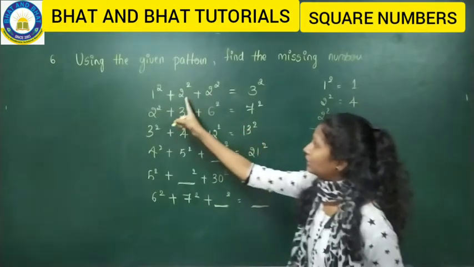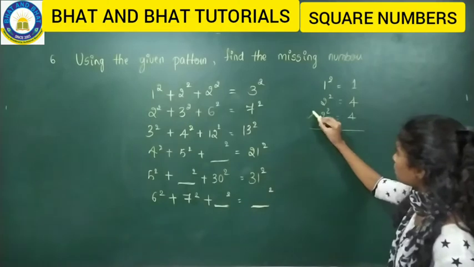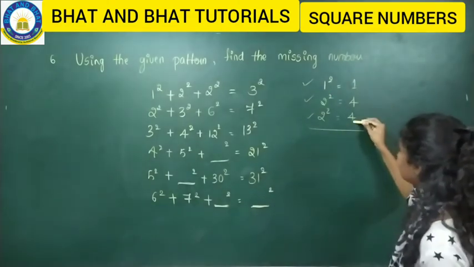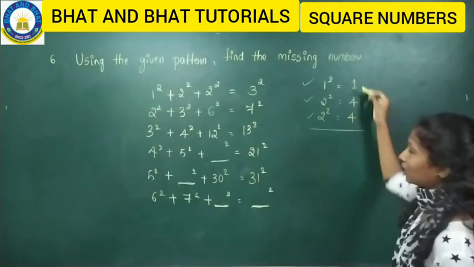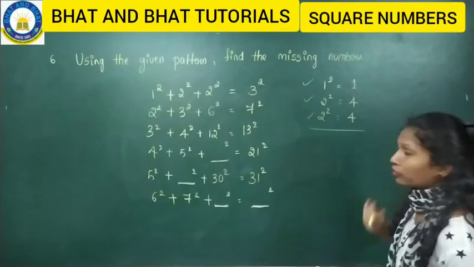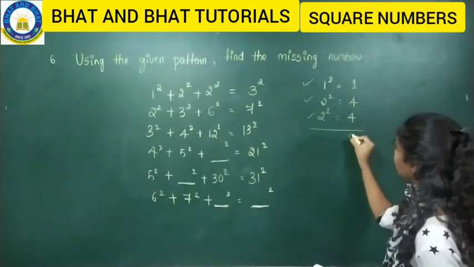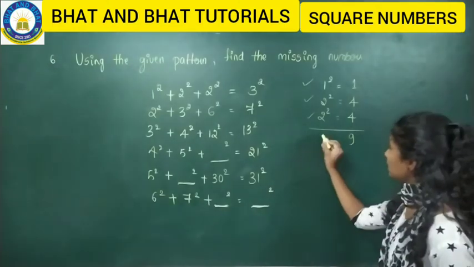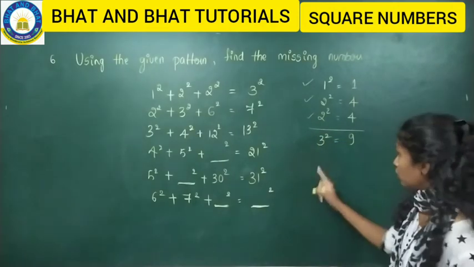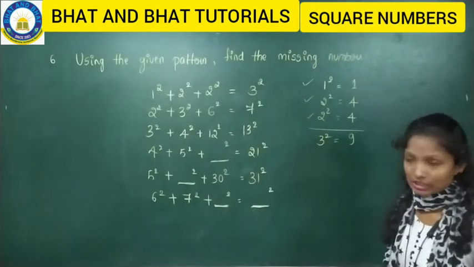So first, if you solve the squares, you will get these numbers. When you add them, 4 plus 4, 8, plus 1, it is 9. And this 9 is nothing but 3 square.